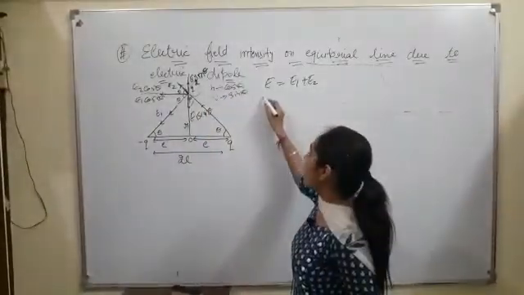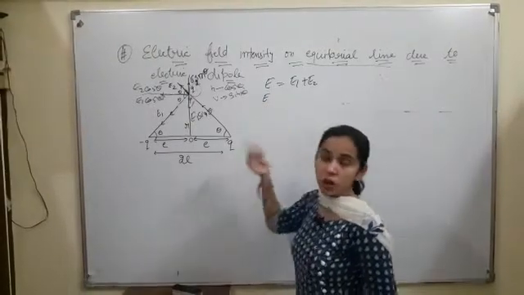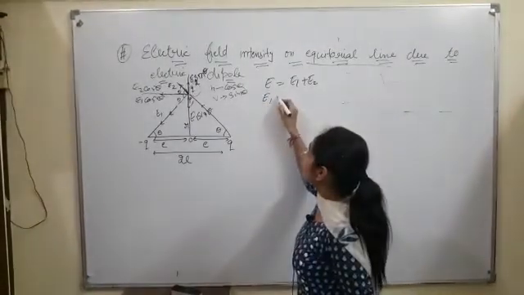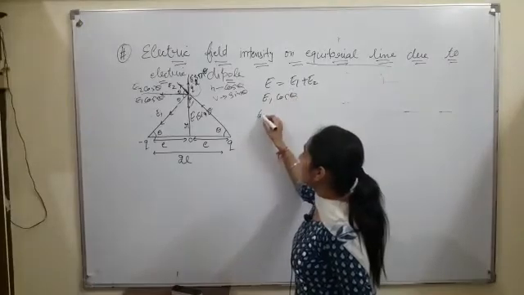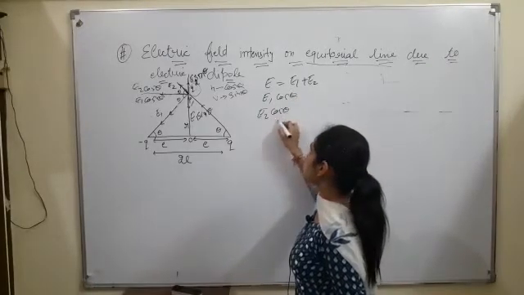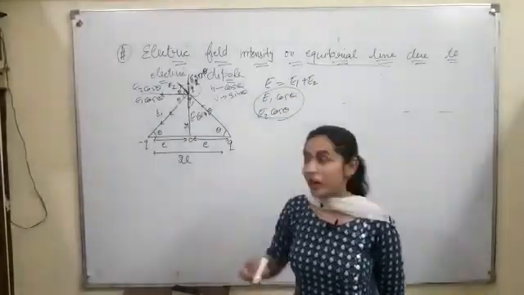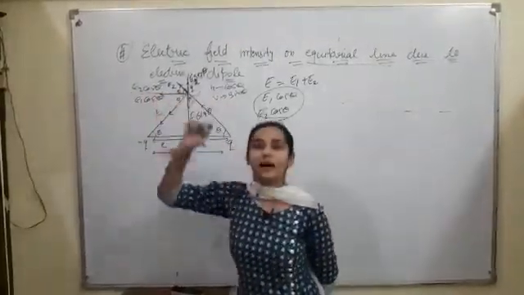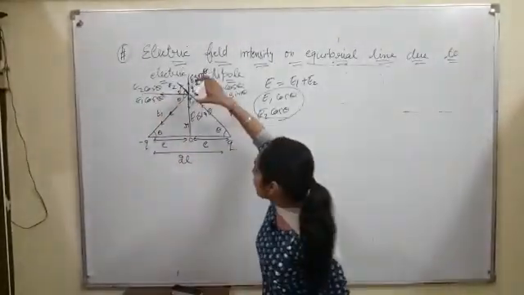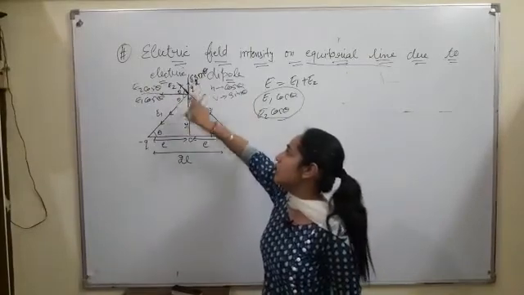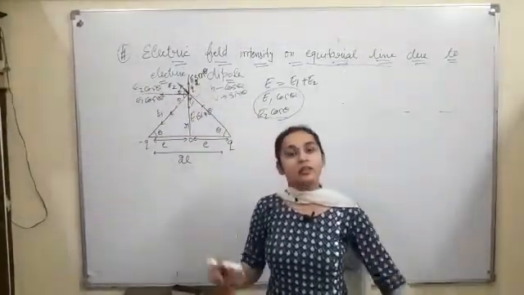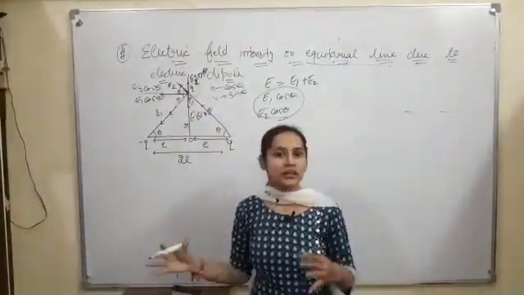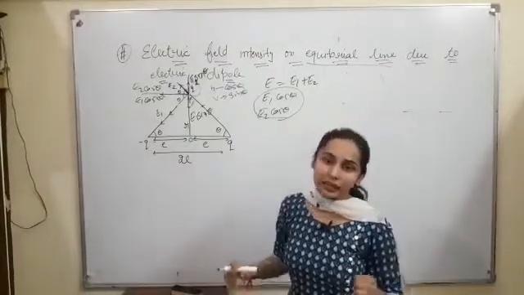Which components will be left? Only E1 cos theta and E2 cos theta, because they are lying along the same direction, while E1 sin theta and E2 sin theta lie in opposite directions, so they cancel out.